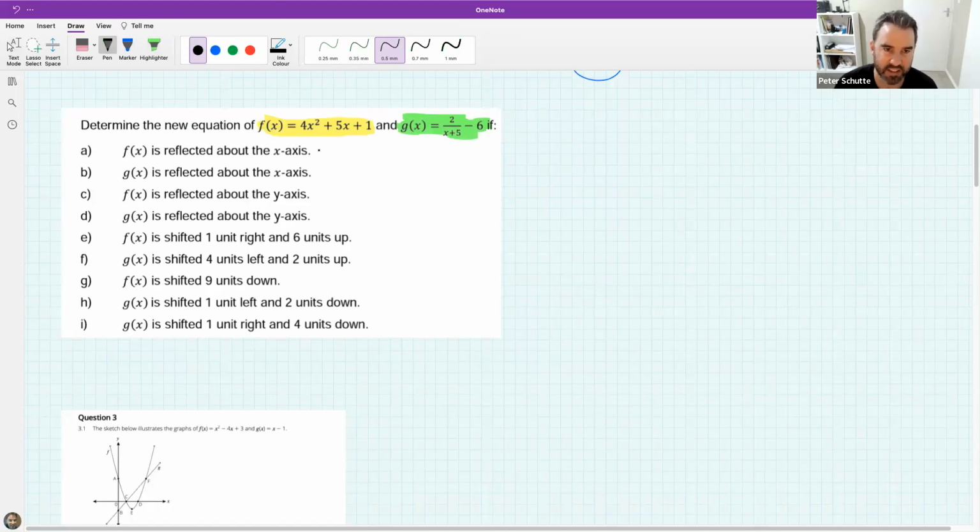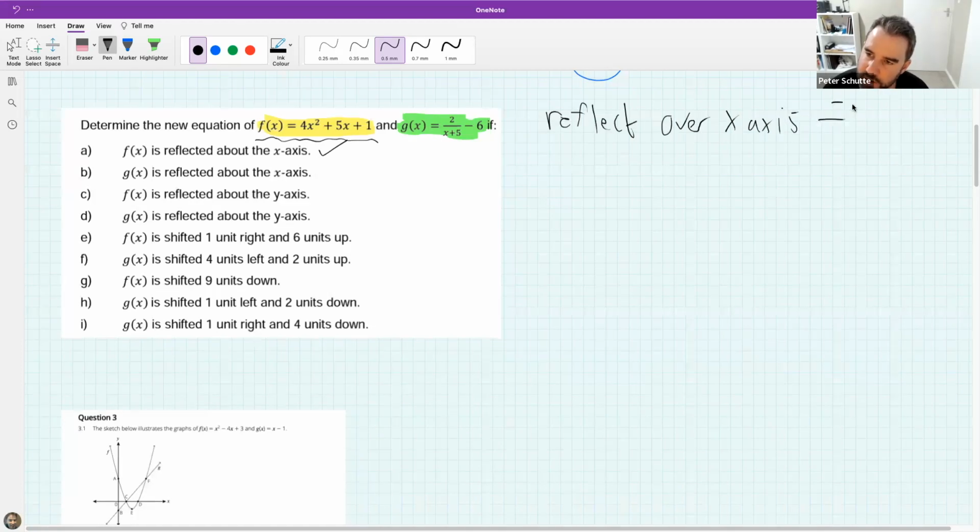Now, I want you to reflect. So we're going to do A together. We have to take F and reflect it over the x-axis. Now, before we do that, I want someone to put in the chat, what is the rule for reflecting over the x-axis? What do you have to do in order to get F to reflect over the x-axis?